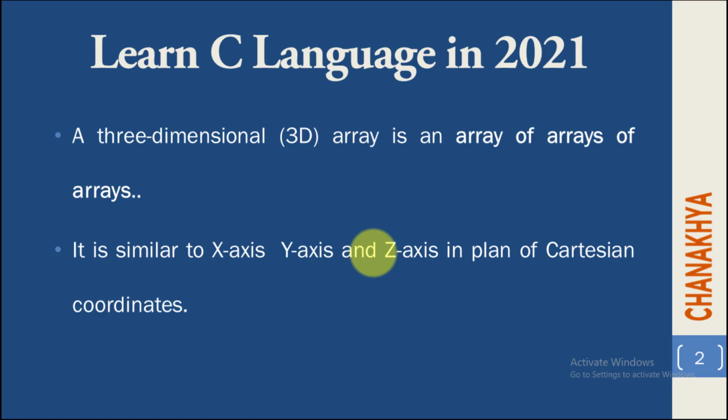A three-dimensional array is like a building with multiple stories, having a ground floor, first floor, second floor or third floor.